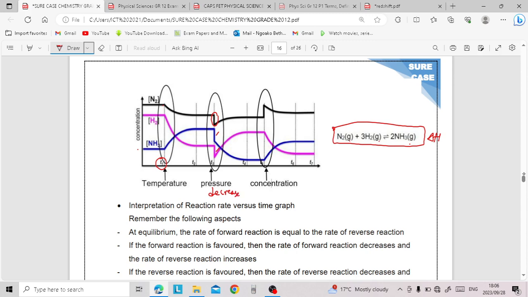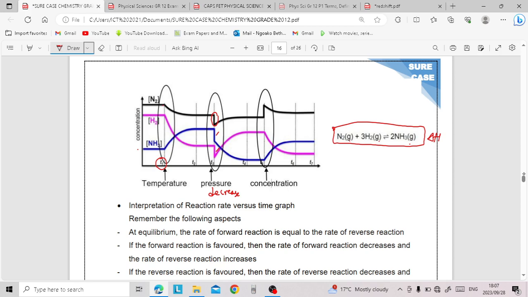So once the DDF was running, there was a decrease in pressure. If we decrease pressure in here, remember, a decrease in pressure favors the reaction that results in a higher number of moles.